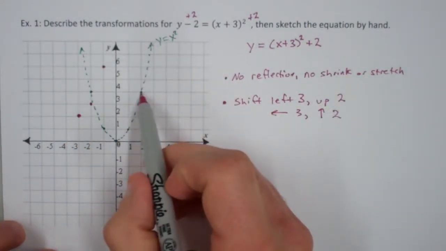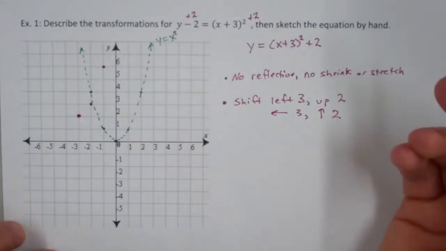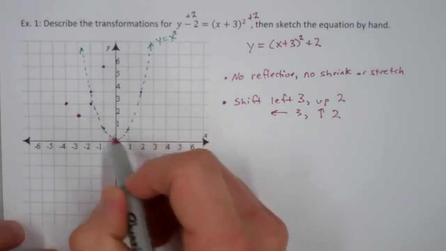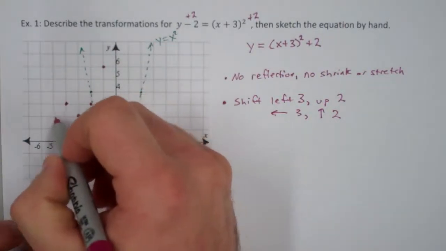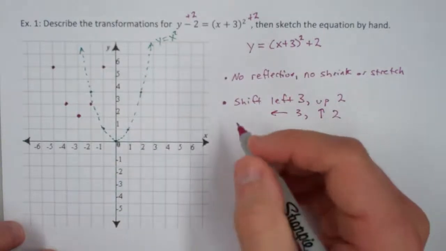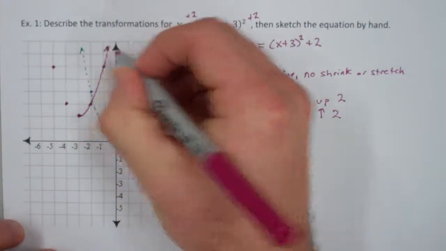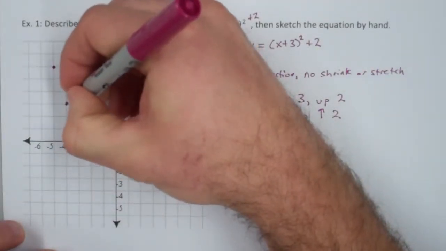You'll notice that this point is still shifted left 3 and up 2. We'll do the other side here, so left 1 up 1, left 2 up 4, so left 2 up 4 will be right here. And this is the actual graph of the function that's listed right here.